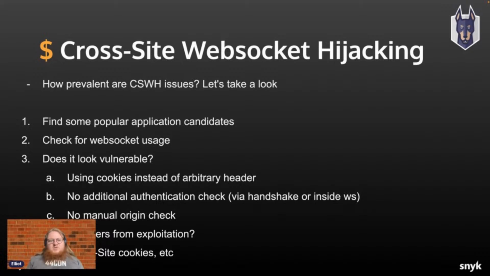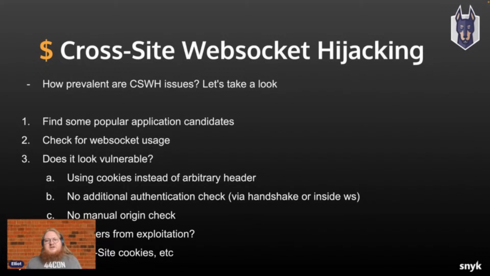And then we needed to check whether or not there were any additional authentication checks, for example, during the handshake or inside the WebSocket. And then we want to check whether or not there are any manual origin checks taking place. Other than this, there are some other things that can make WebSocket hijacking harder to exploit, such as same-site cookies, which restrict under what circumstances the cookies are submitted with the request.